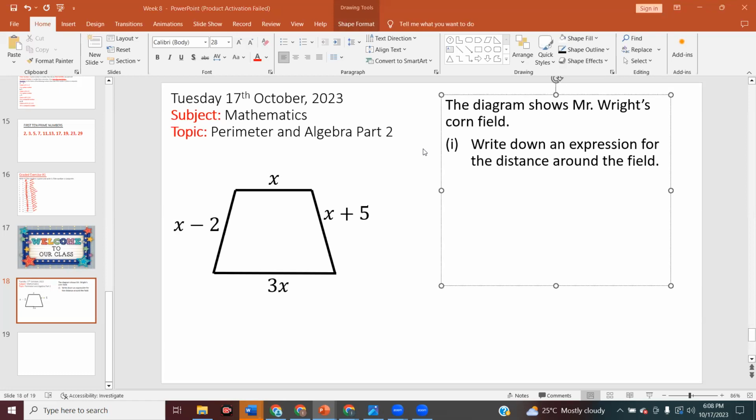Remember, they are just basically asking us for the perimeter. And so we have to add up all of the sides together, all right?